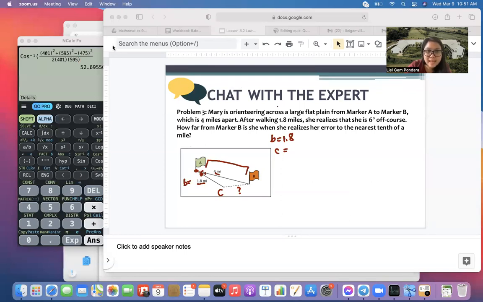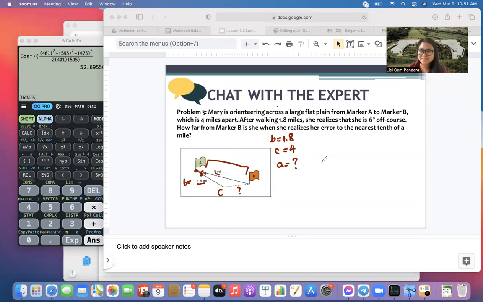How about side A? What's the measure of our side A? Very good, you can place X because you know it's missing. So our side C is 4 miles while our side A is missing.